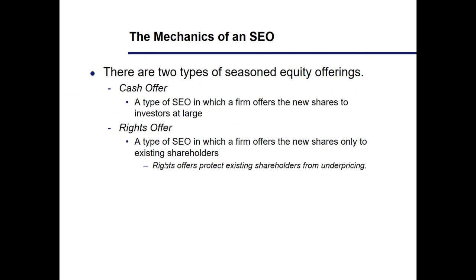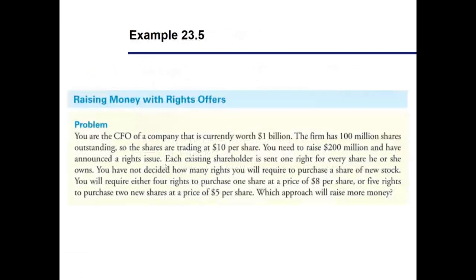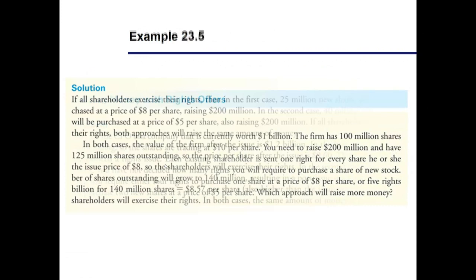If you don't want to participate, you have the right not to, because a right is an option. Rights offerings protect existing shareholders from underpricing. This is an example of a rights offering. I would like you to look at it by yourself.